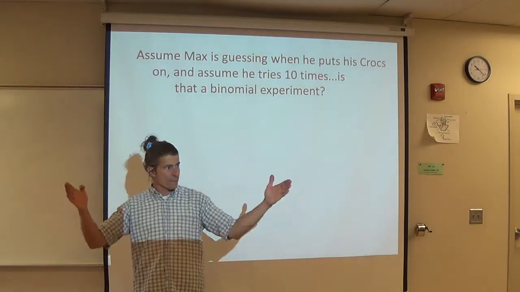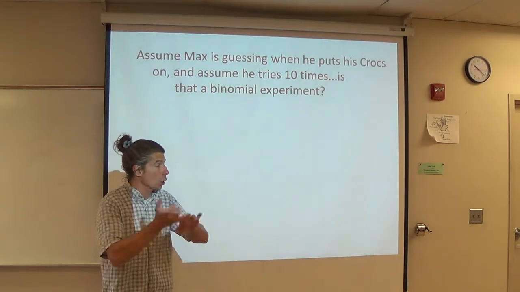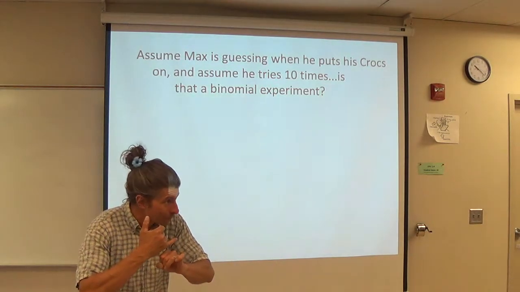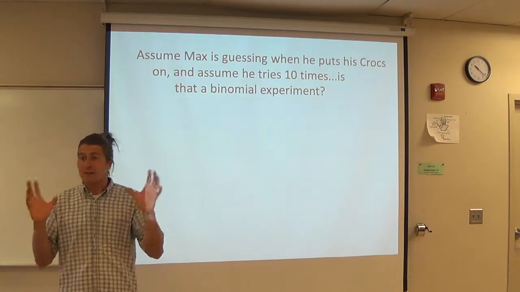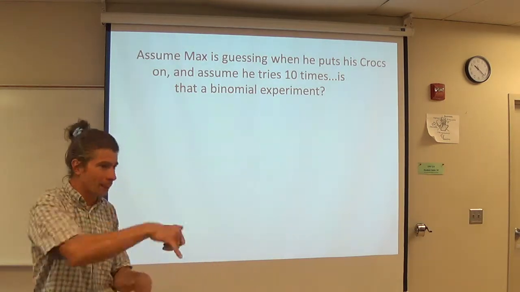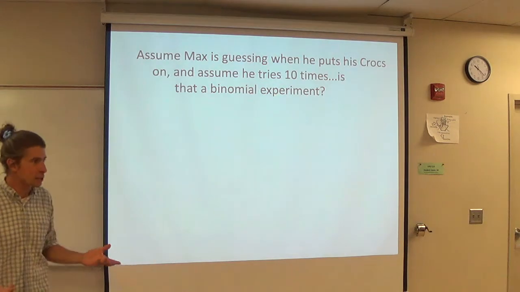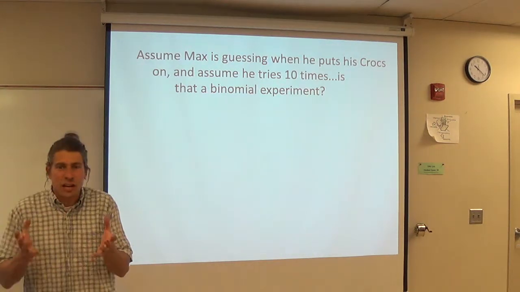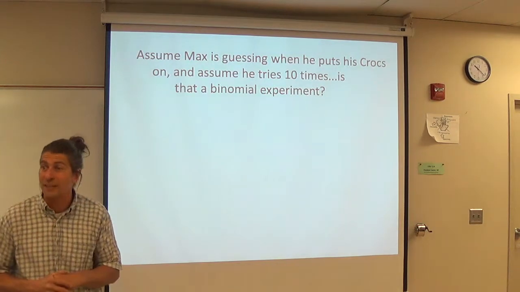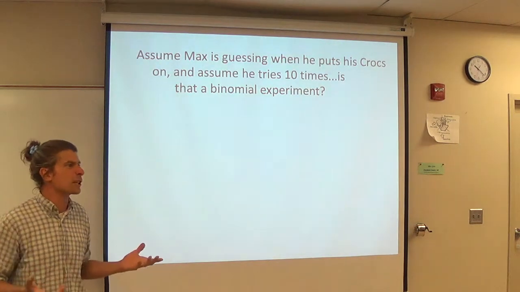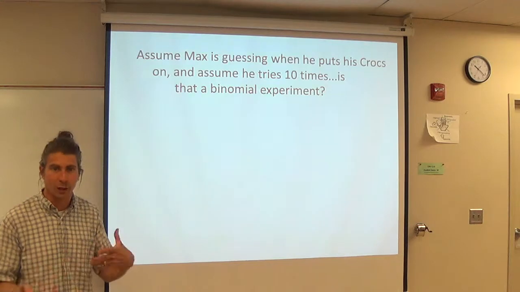I observe him for a fixed number of trials, just like Gallup. When they call you and ask who you're going to vote for in the upcoming election, they know they're going to ask 1,500 people, or call until they get 1,500 people, whatever it takes. A lot of people hang up on them, so data collection gets tricky. If they need 1,500, a lot of times they have to start by assuming they're going to try to get 15,000, because very often there's a 10% rate of return on those surveys.